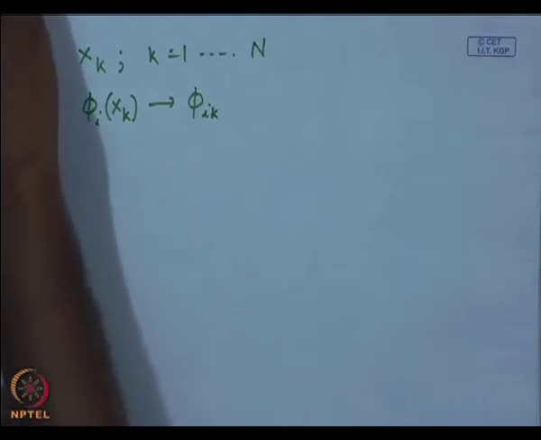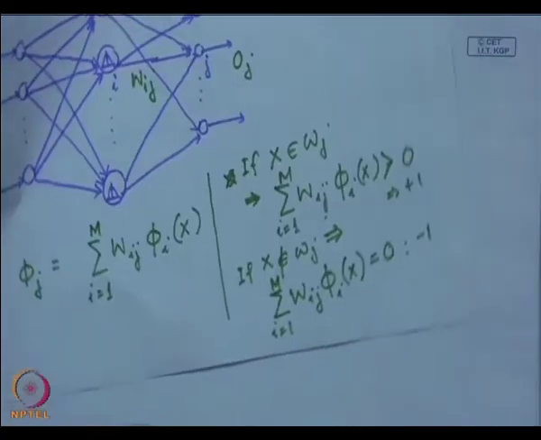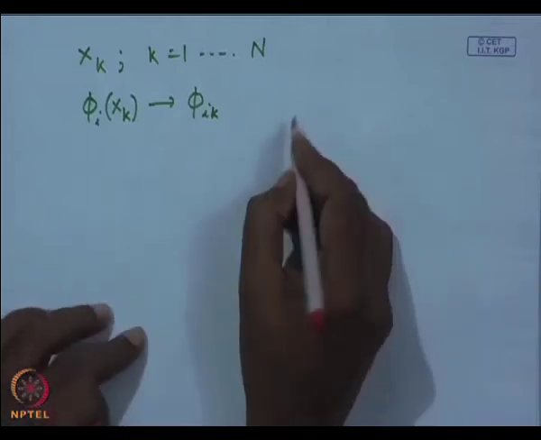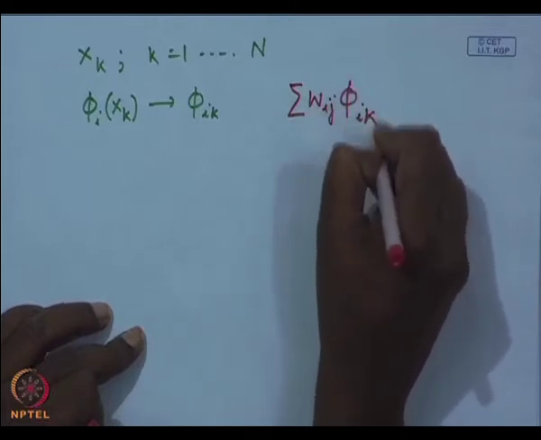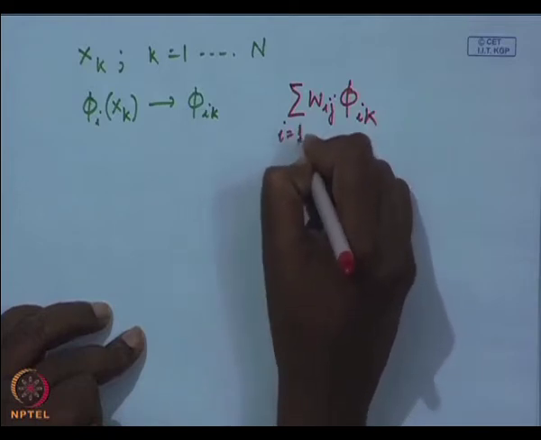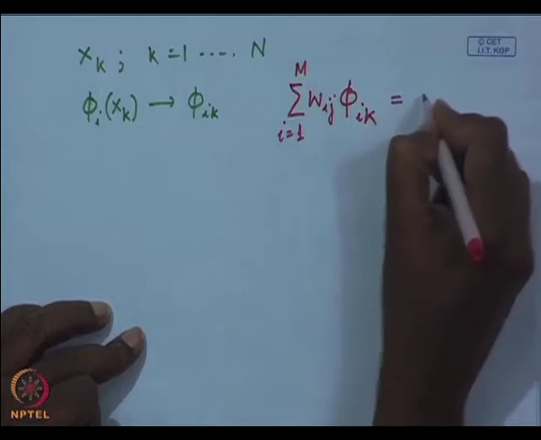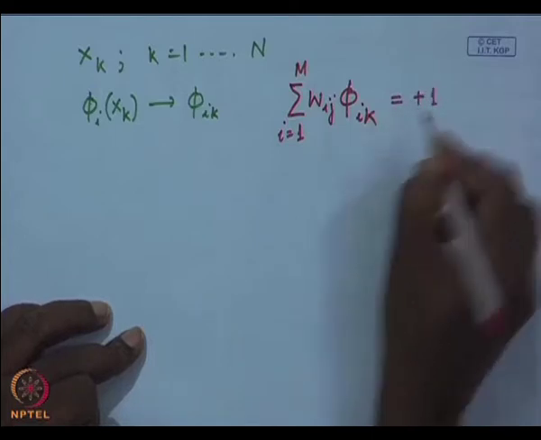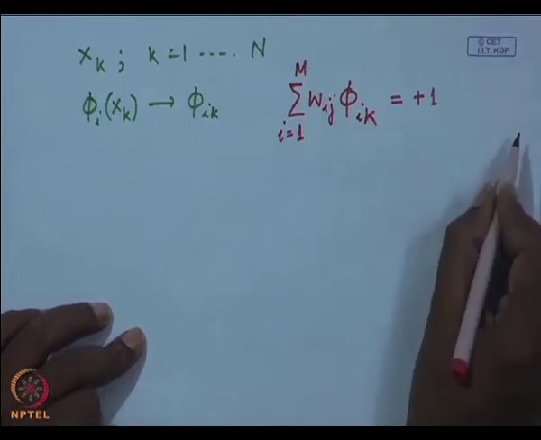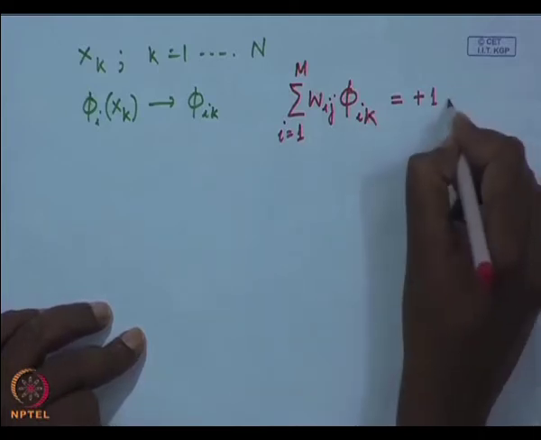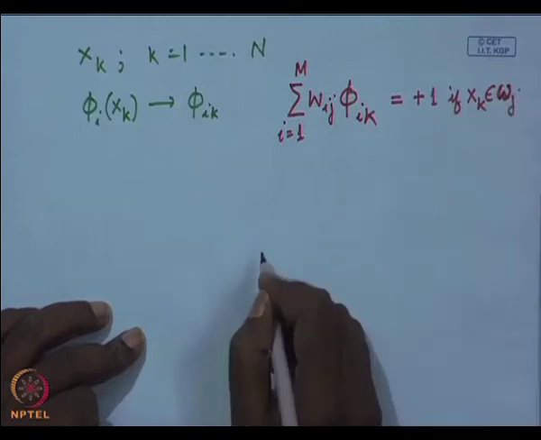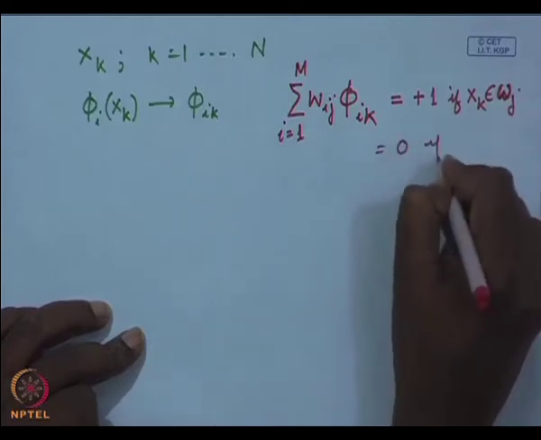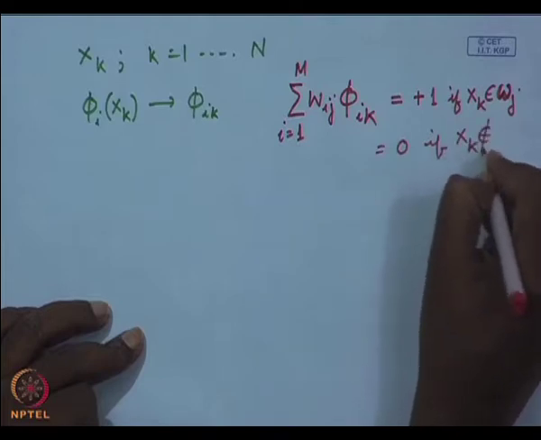So, my condition is, if you remember, the sum of W i j into phi i k for i varying from 1 to m has to be equal to plus 1 if x k belongs to class omega j, and this has to be 0 if x k does not belong to omega j.